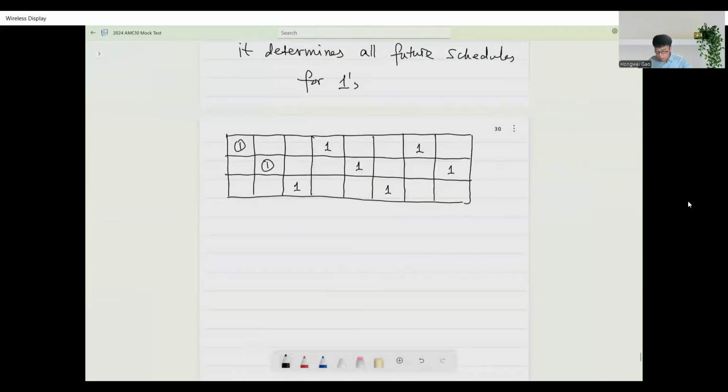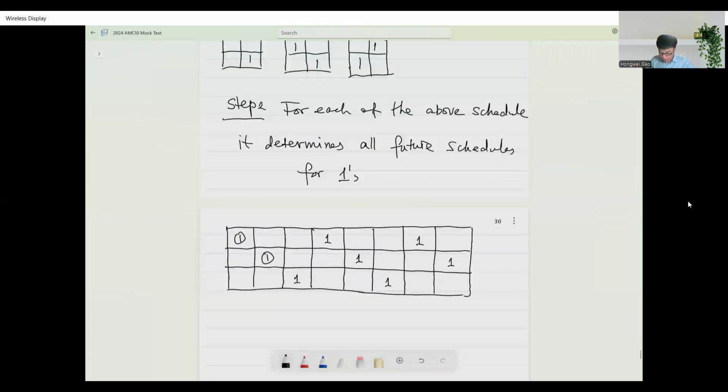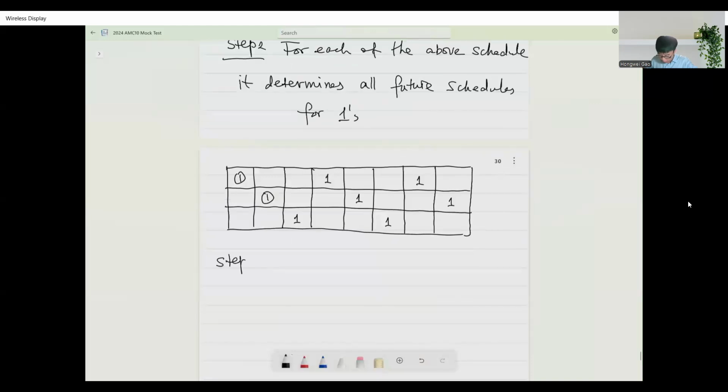Now that's good. So let's consider the next part, how many ways we can put 2 or 3s. That is step 3. Based on the above schedule for 1, let's find the number of schedules for 2 and 3.